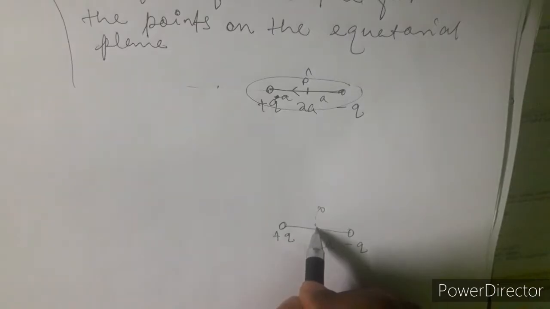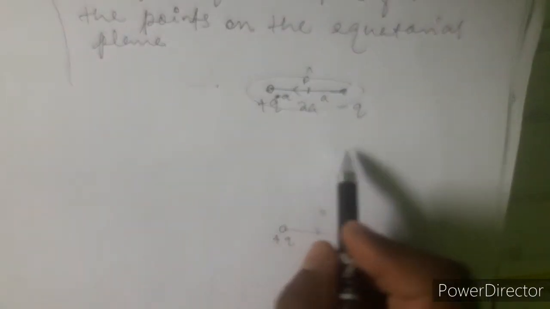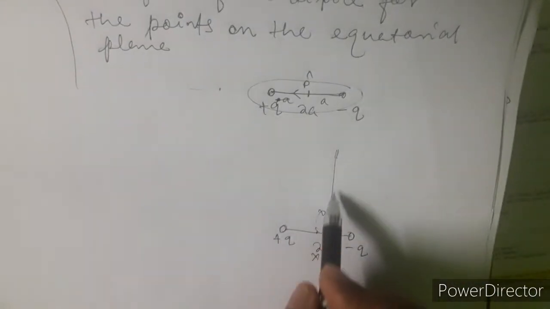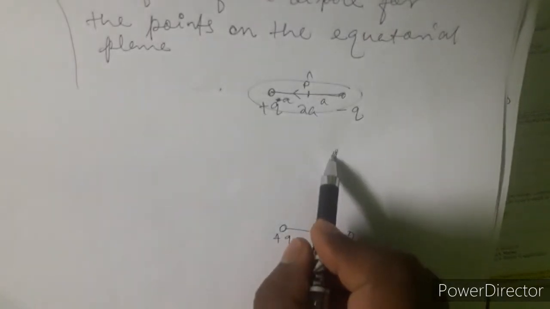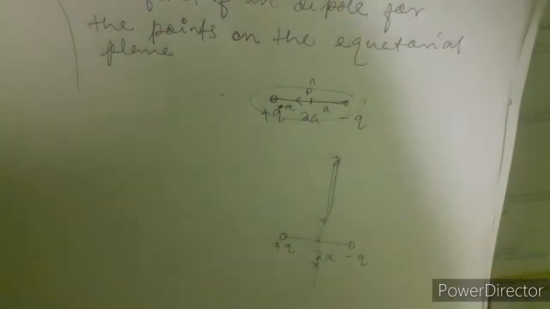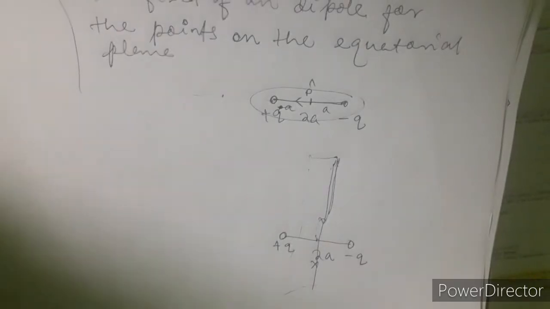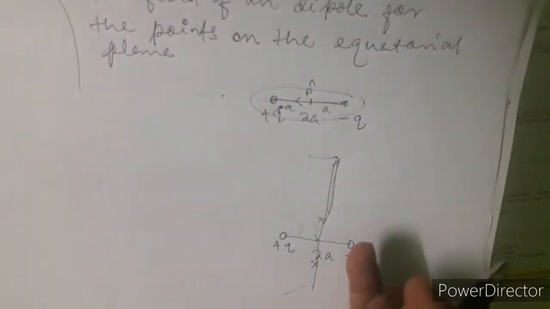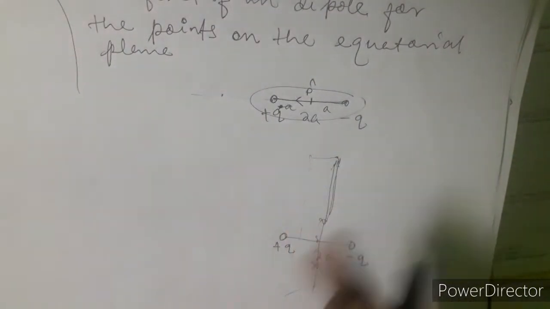Now you can draw the plane passing through this center. This is the equatorial plane, which bisects the line joining plus q and minus q.